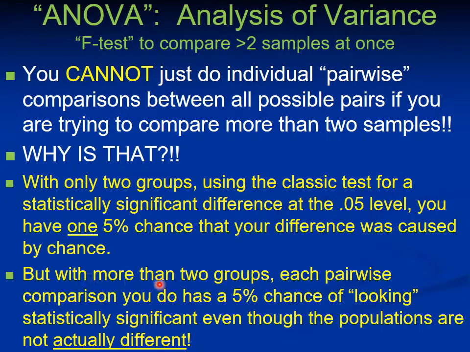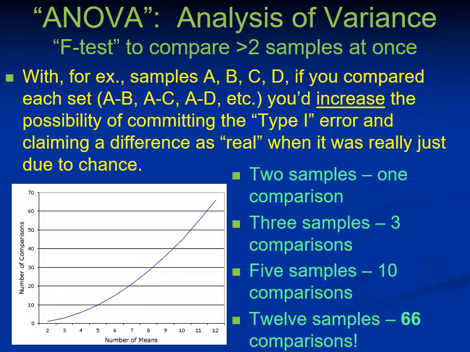But if you have more than two groups and you're comparing and contrasting different groups, each comparison you do has a 5% chance of looking statistically significant. So if you do a lot of those, you're going to increase your potential for error anyway.